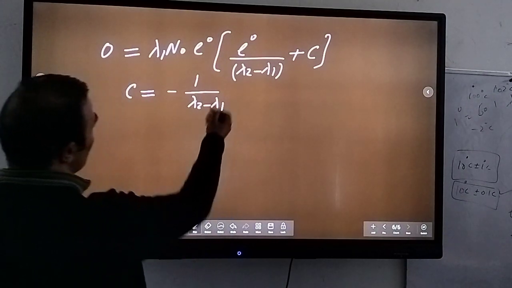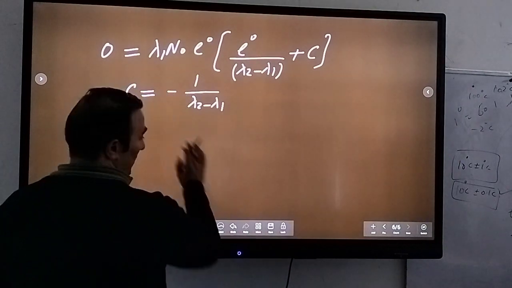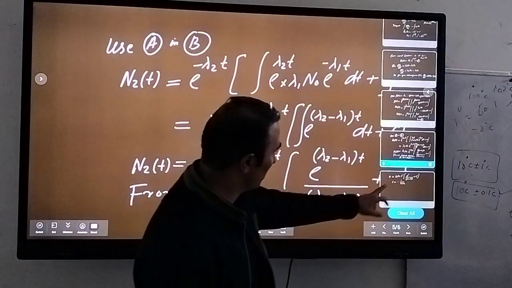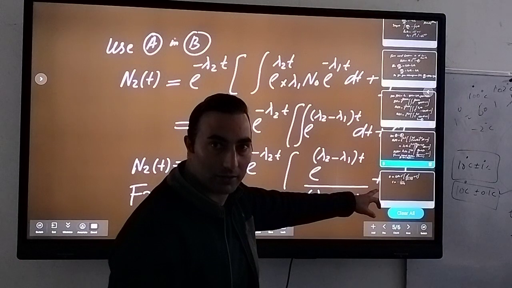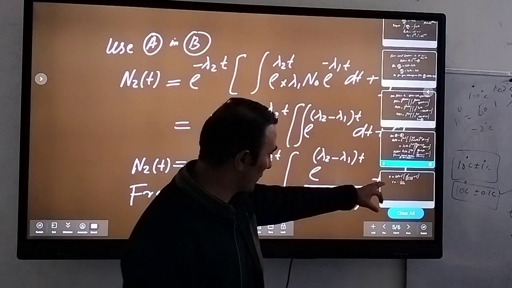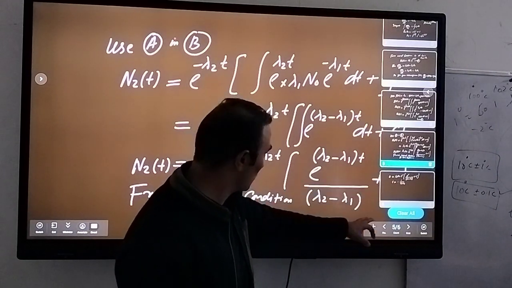Right. So substitute in this equation. So use that value of c here. So ये c हम यहाँ पे substitute करेंगे this equation में, यहाँ पे in this equation. So substitute value of c in this equation, that's minus 1 by lambda 2 minus 1. Use it here.